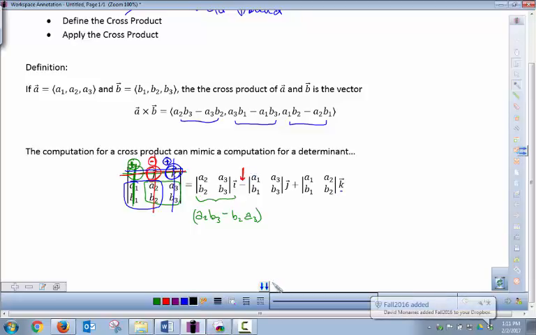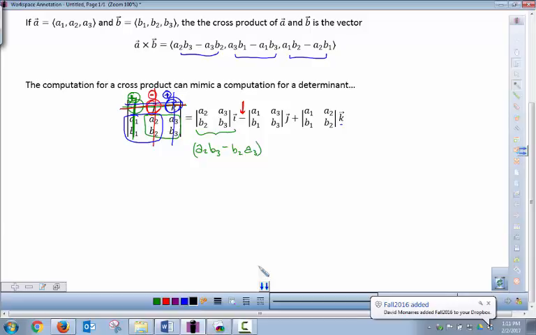I don't know if you want to look at yet another way to do this using the matrices, but I've seen some people do it this way as well. Although sometimes when I see this done on a quiz or on a test, they get it wrong. So A1, A2, A3, B1, B2, B3.